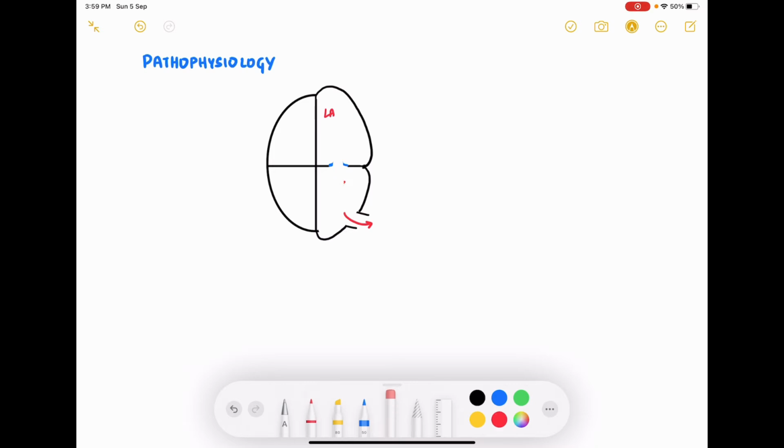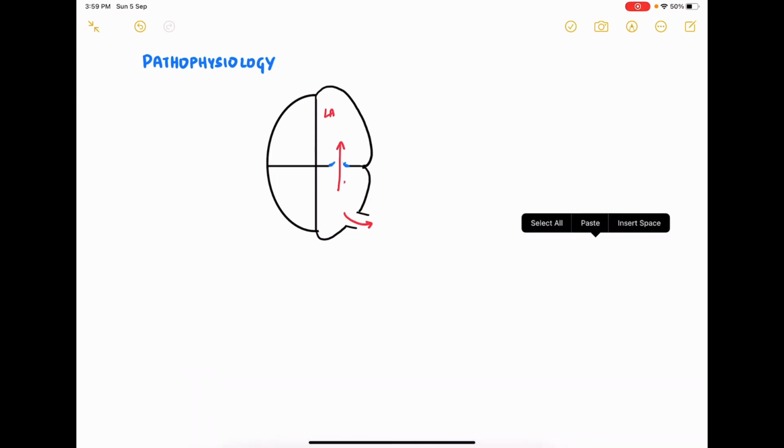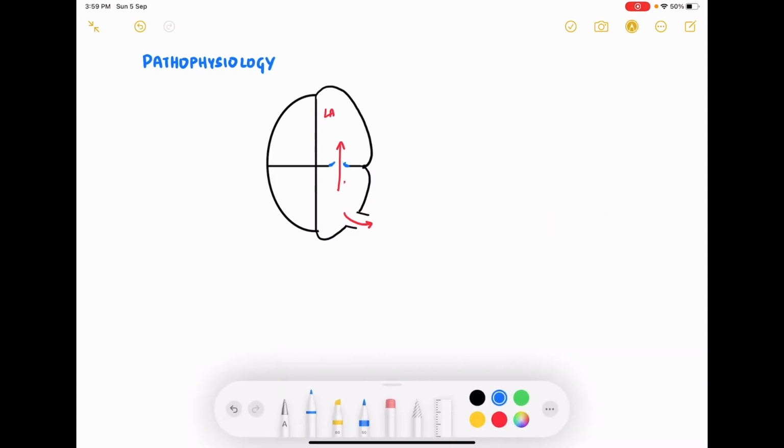During ventricular systole, the blood is leaking from the left ventricle into the left atria, and this is because of the mitral valve incompetence, and this leads to early systolic or pansystolic murmur. But during ventricular diastole, because all of the blood that went to the left atria has to come back to the left ventricle, there is a flow murmur, and this flow murmur is a mid-diastolic murmur.